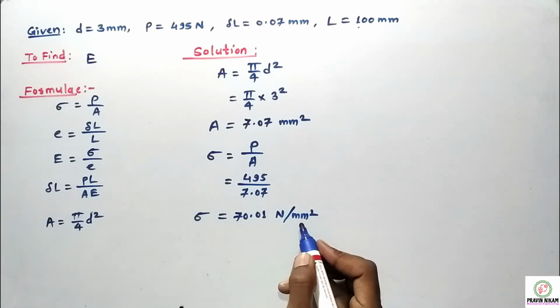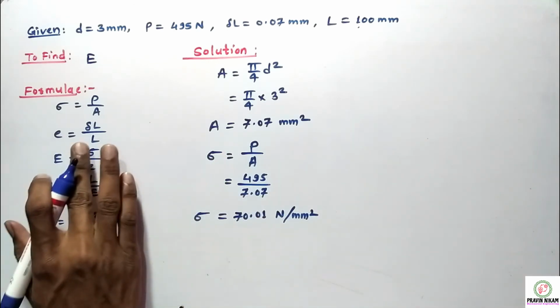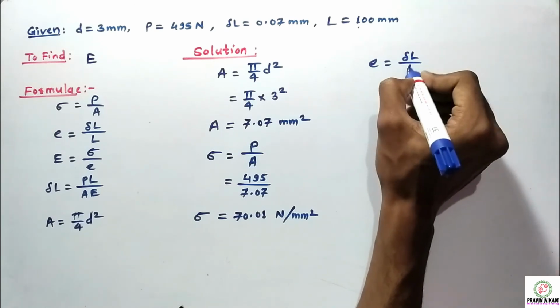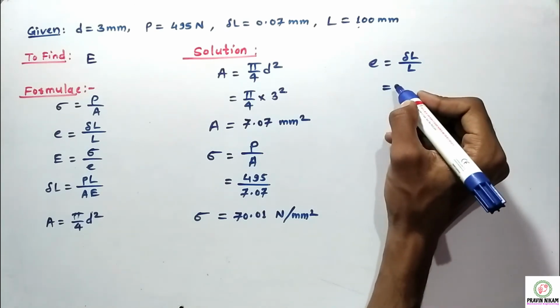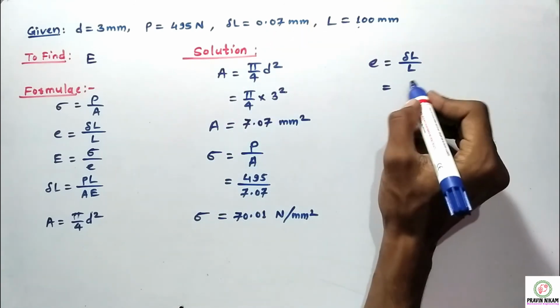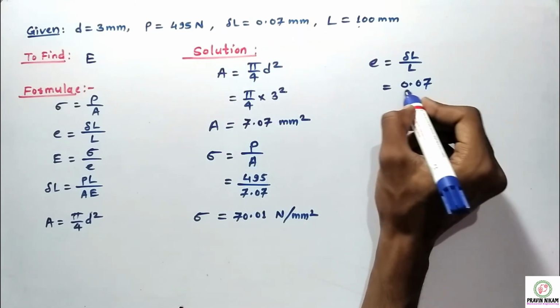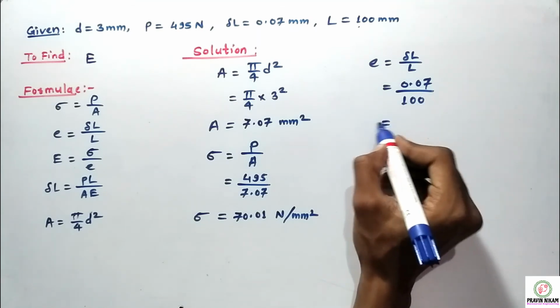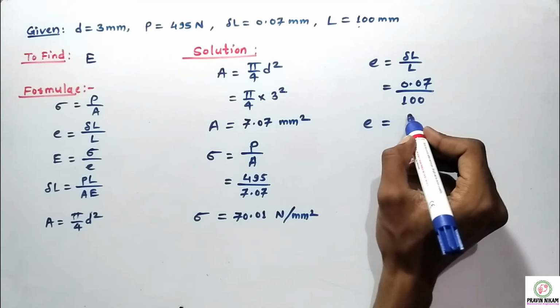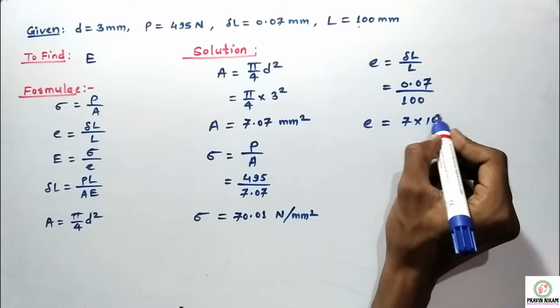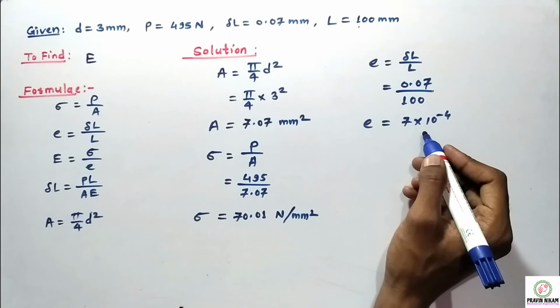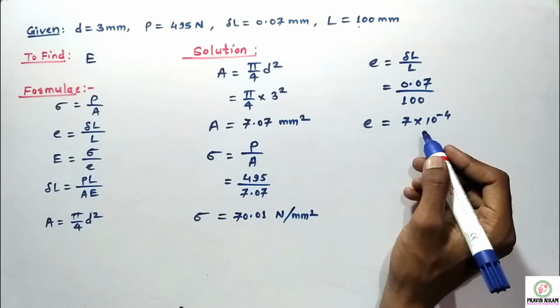This is the stress. Now find out small e. So small e is equal to delta L divided by L. So what is delta L? Delta L is given as 0.07 mm divided by capital L, which is 100 mm. So small e is equal to 7 into 10 raised to minus 4. You know strain is a unitless quantity.